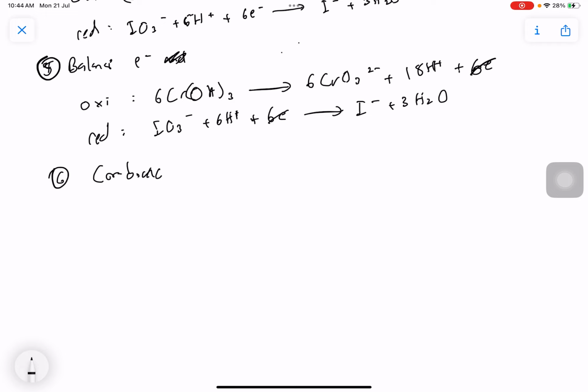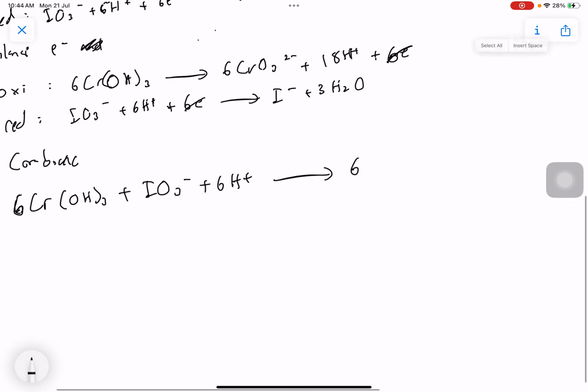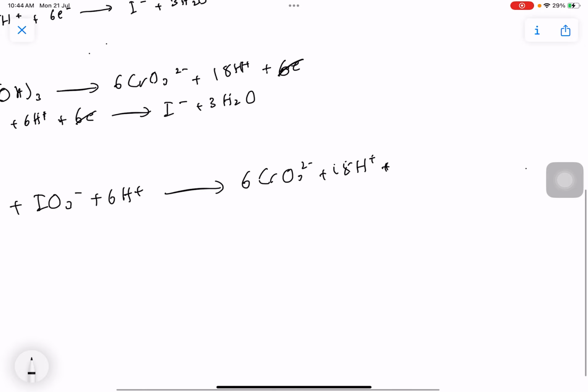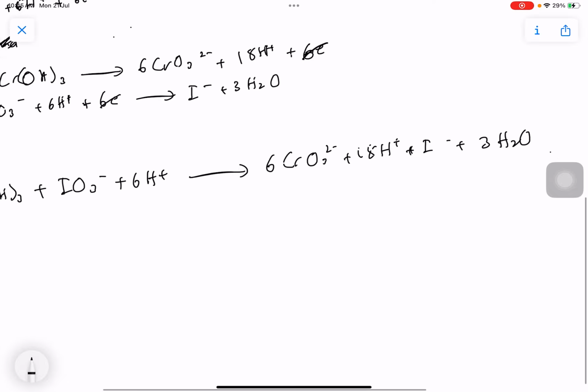So at the reactant: 6 Cr(OH)3 plus IO3- plus 6H+. Here: 6 CrO3 2- plus 18H+ plus I- plus 3H2O.